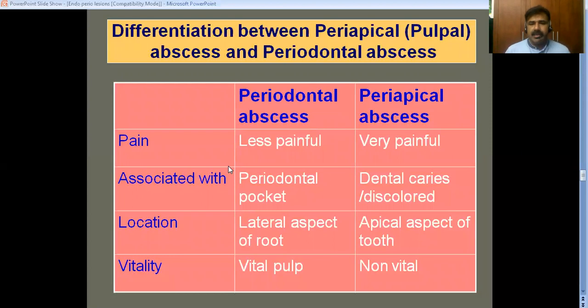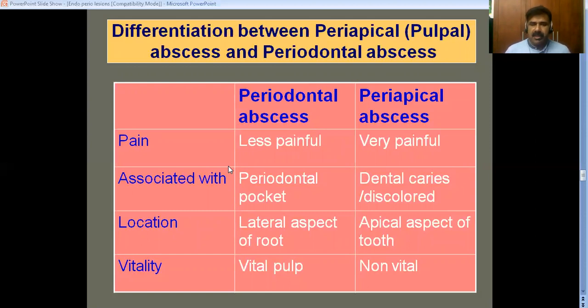Now, if it is a periodontal abscess, definitely there will be a periodontal pocket extending almost to the level of the abscess. You can be sure that there is a periodontal pocket. But if it is a periapical abscess, there won't be a pocket, but there will be caries, or a large filling, or the patient will have a history of trauma from some time back. The tooth may be discolored also.